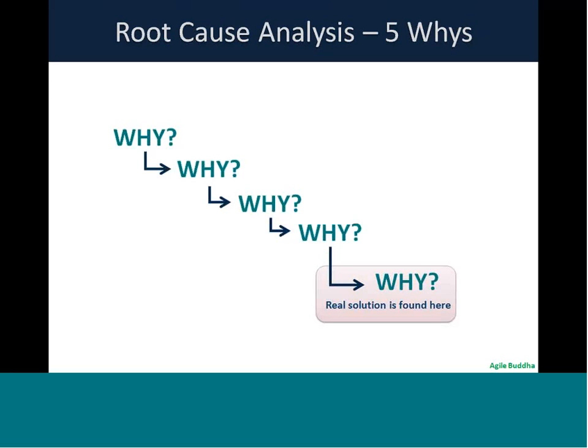This is a lean method wherein you identify a problem, and instead of working on the problem manifestation, you really ask why multiple times to reach the actual root cause. I'll take a few examples now. That's the reason it's called 5 Whys. It may not be that it requires exactly five times only.